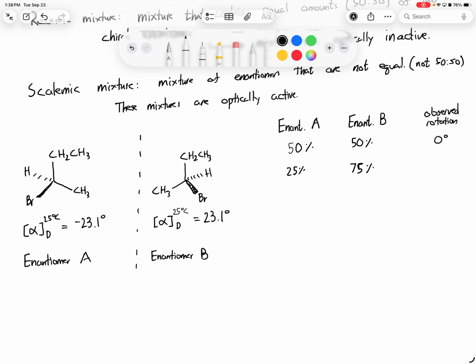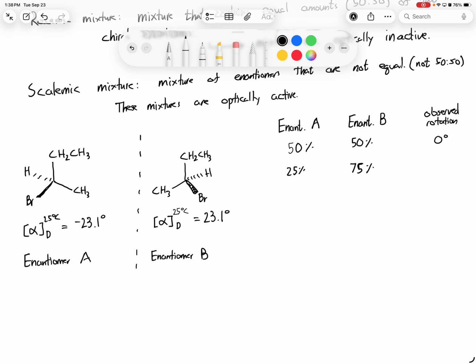Well, we know that 75% of B, how much of it will combine with A? We have 25% of A, right? So 25% of B will be canceled out by A. So what's my excess then? 50%.